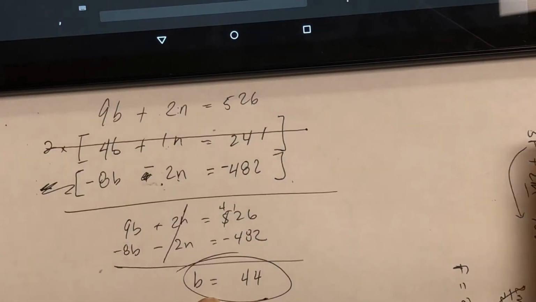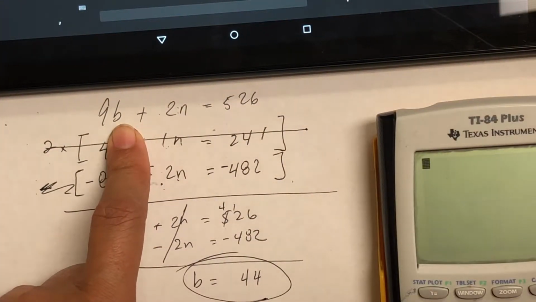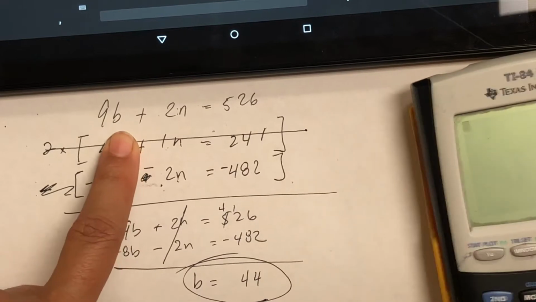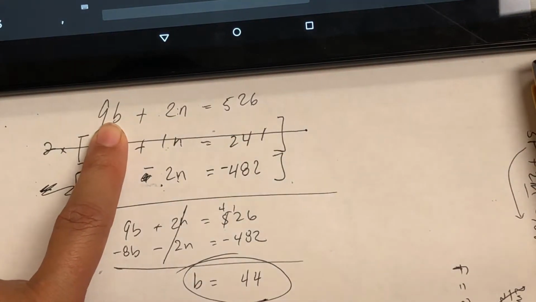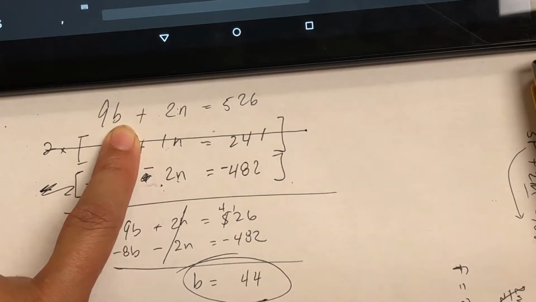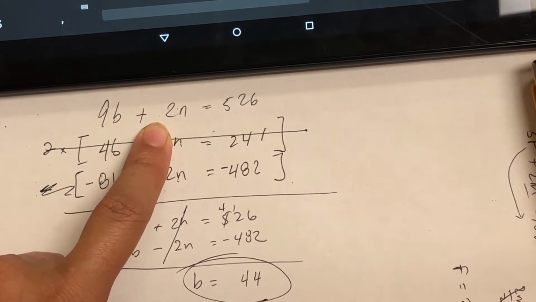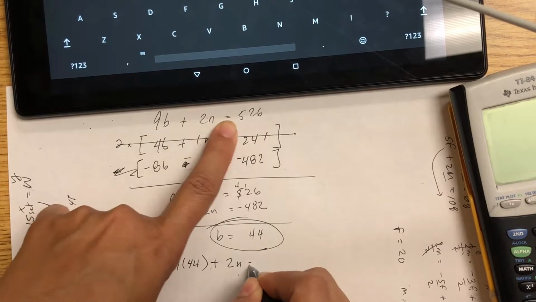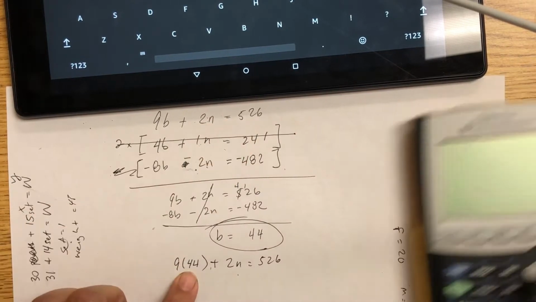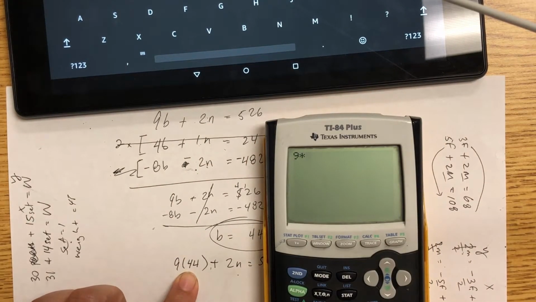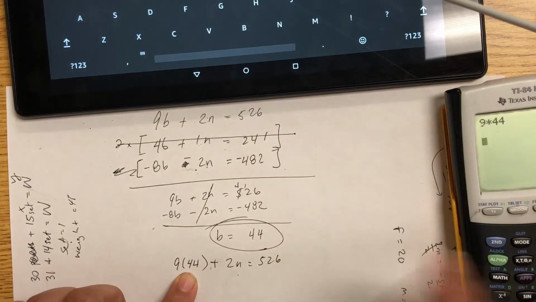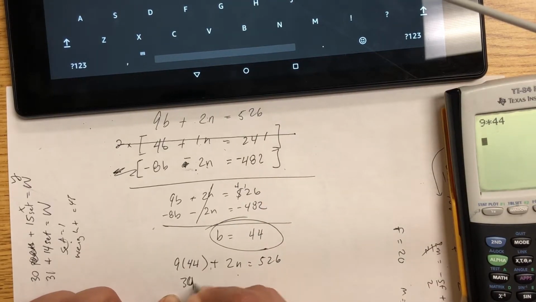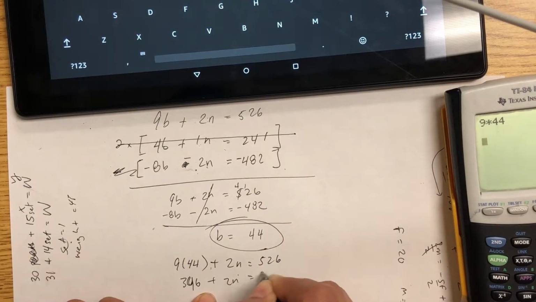So take the original one, I didn't change this one, so I'm going to put it in this one. So it's going to be 9 times 44 plus 2n equals 526. So 9 times 44 is 396 plus 2n equals 526.